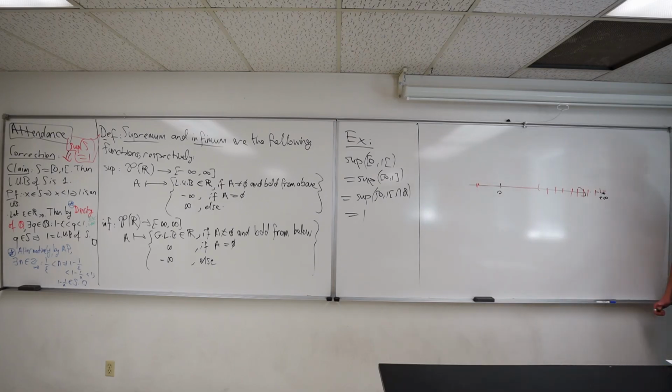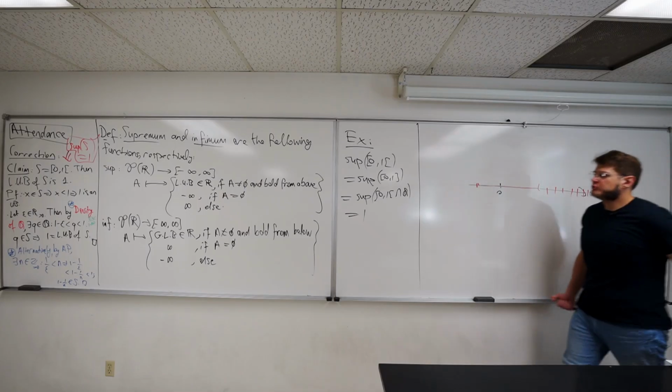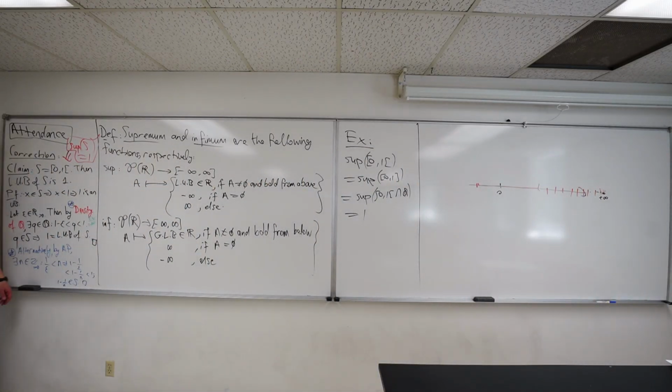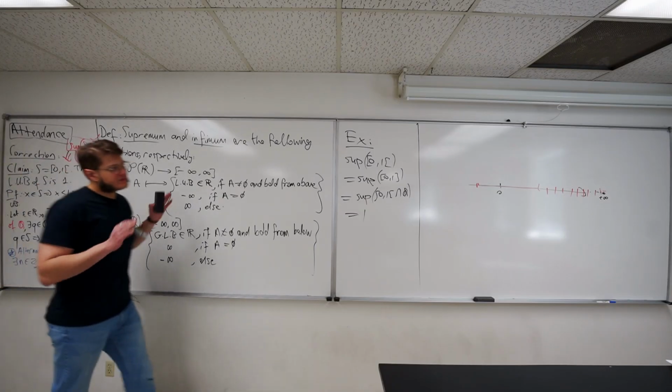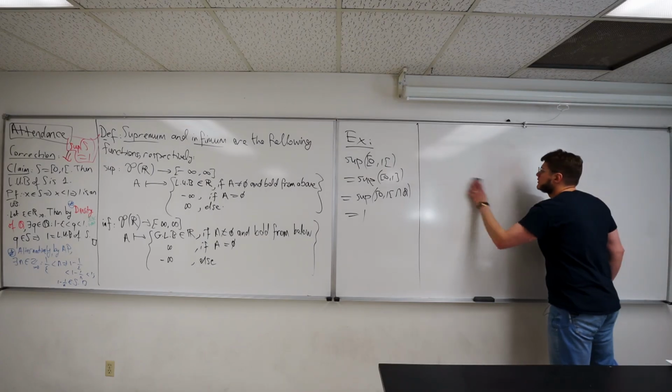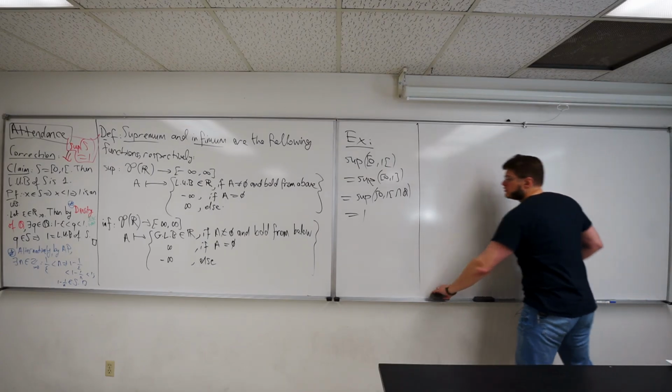Now, these ideas, sup and inf, are related to max and min in a sense. But max and min are sometimes defined and sometimes they are not defined. And so we can write it like so.